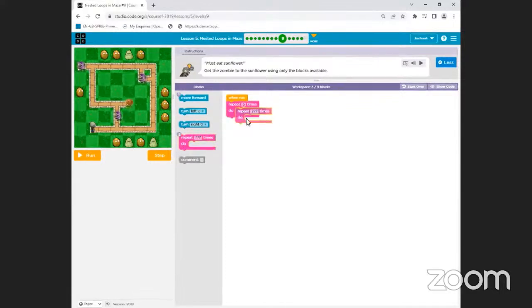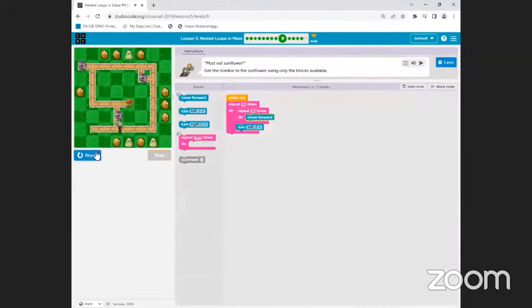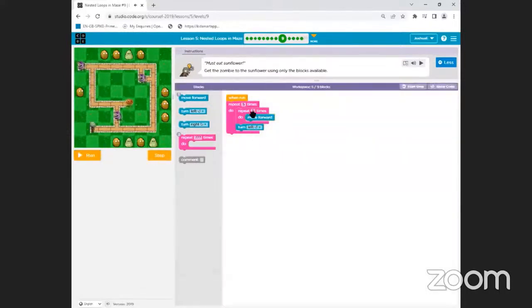So if we then put another repeat block for 5 times, of move forward, and then I try and do a turn left, let's see how far that gets us. It gets us that far, but then we need to stop. So I'll put it 3 times. It's then going to turn left.